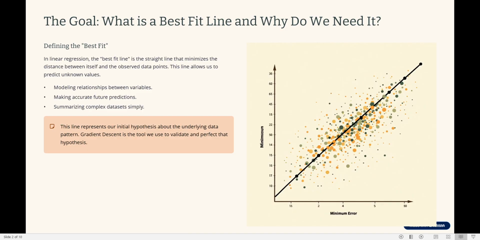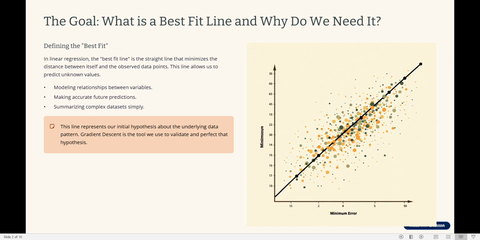Then we see the goal. What is the best fit line and why do we need it? Defining the best fit. We start by understanding the goal of extracting the best fit line. In linear regression, the best fit line is a straight line that minimizes the distance between itself and all observed data points.